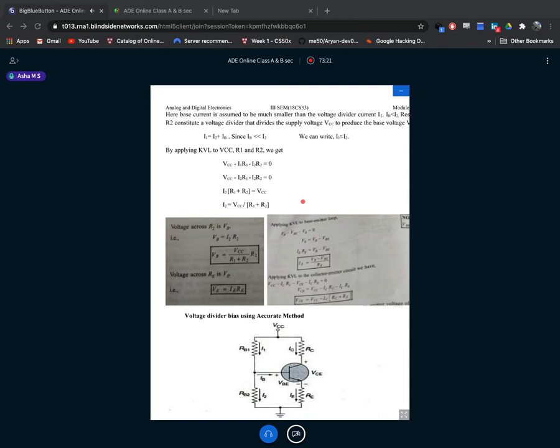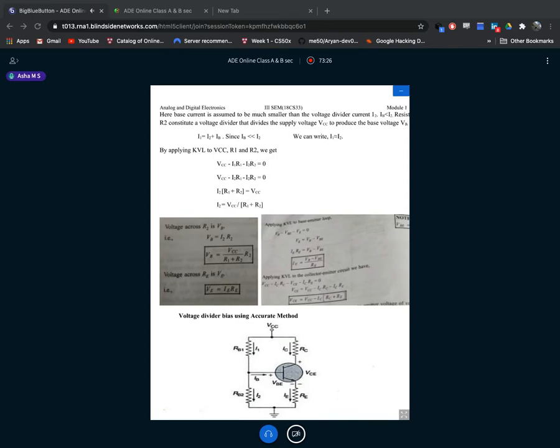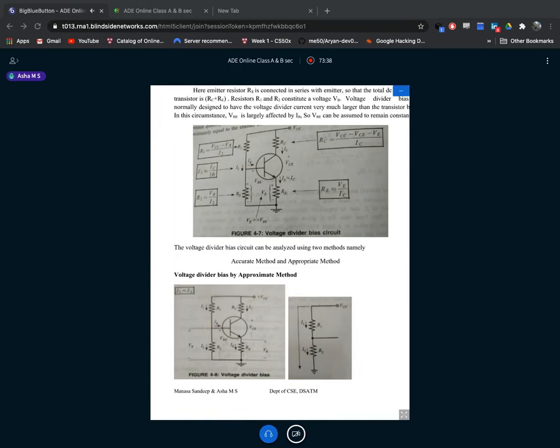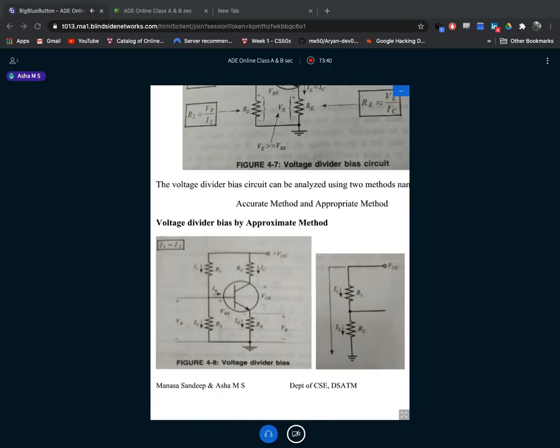So VCC minus I1 R1 minus I2 R2 is equal to 0.